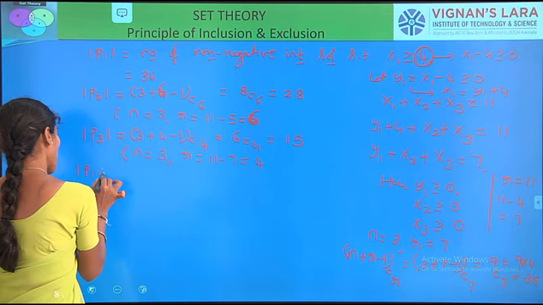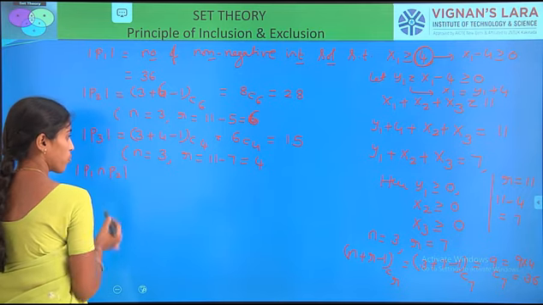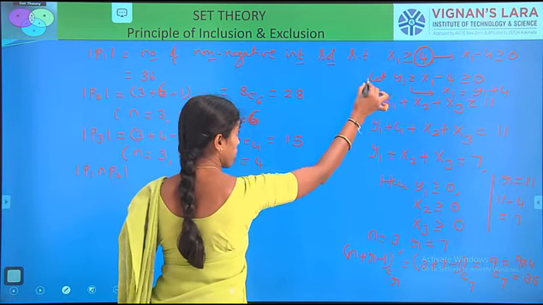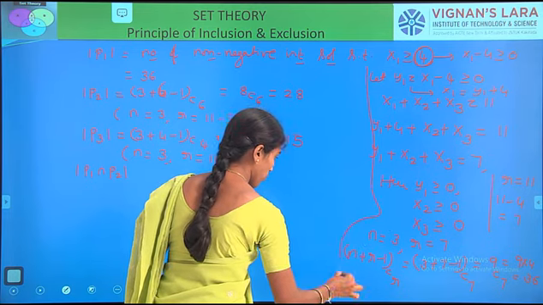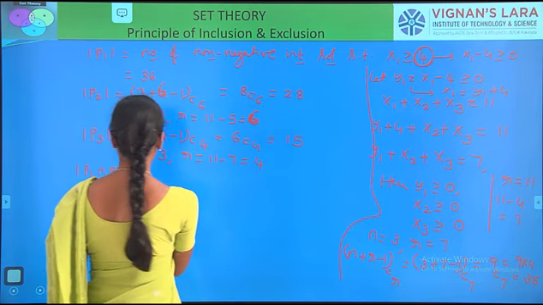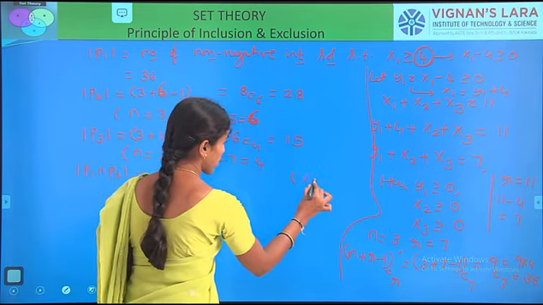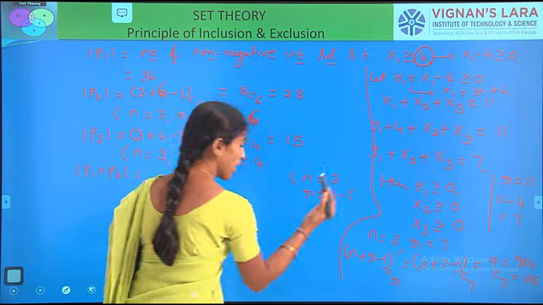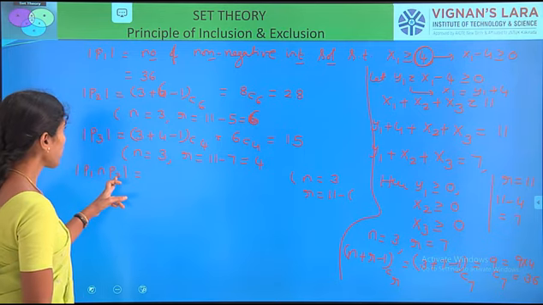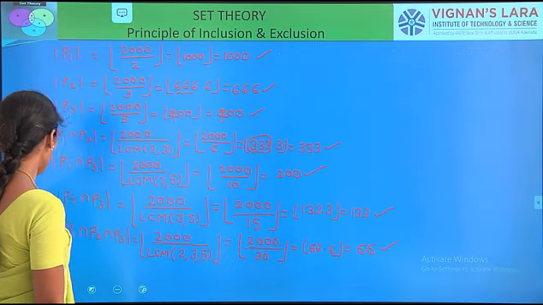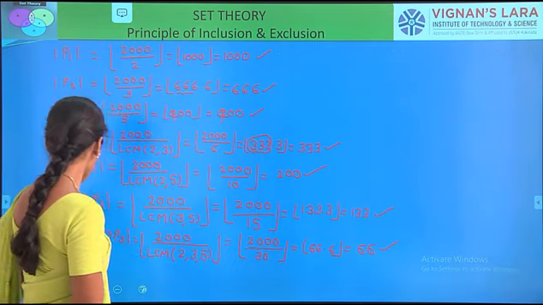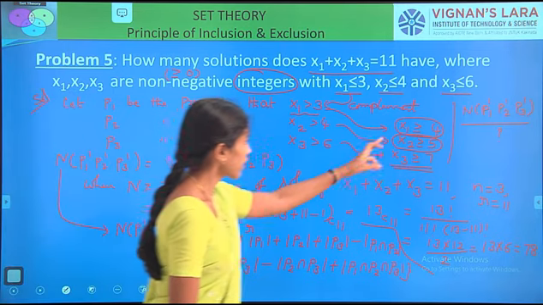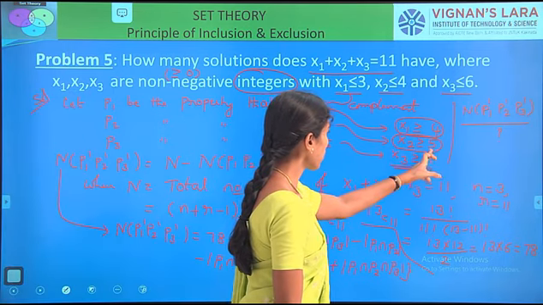Like that, P1 intersection P2. Here I am writing the new value of r. R original value 11 minus, as per P1 and P2 conditions, P1 condition is greater than or equal to 4, P2 condition 5.